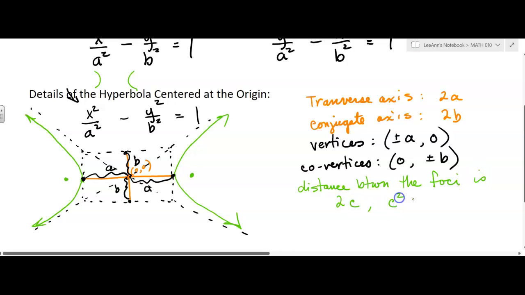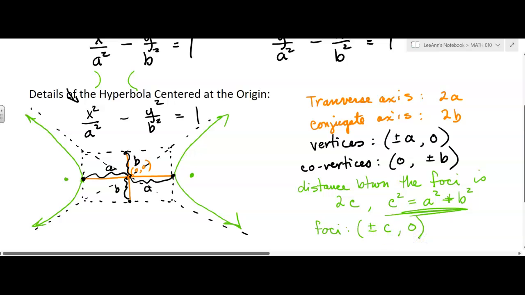And c squared, now here's another change. C squared equals a squared plus b squared. Okay, so notice that difference there on the c squared. So you have to remember that. Oh, and the coordinates for the foci, for a side-to-side one, is plus or minus c, comma, 0.